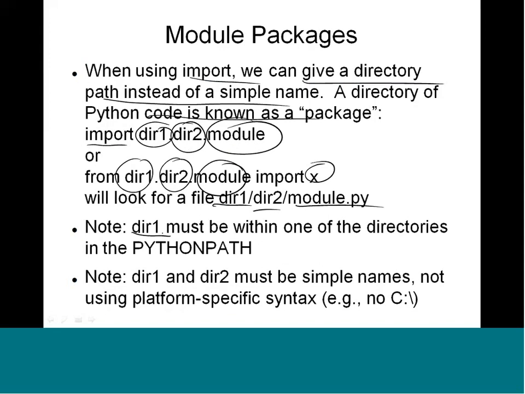One thing is directory1 must be within one of the directories in the Python path. So the Python path is important, similar to what we saw in regular import modules. The other thing is directory1 and directory2 should be simple names, not platform specific syntax, such as C colon slash or backslash or whatever.